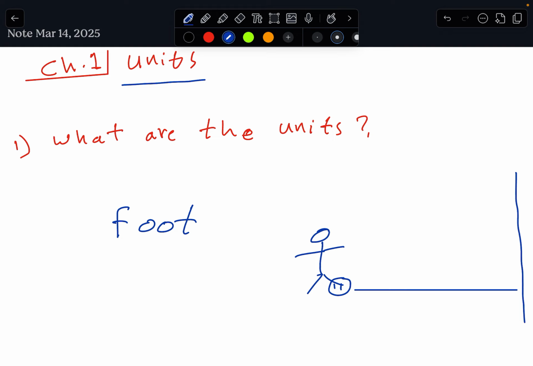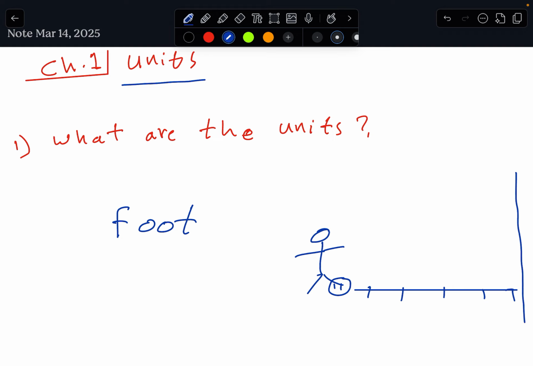So it's kind of a philosophical idea. We say, my foot is this size, and the distance from the start of my foot to the end of my foot, compared to this distance, will be like 1, 2, 3, 4, 5, 6 feet.